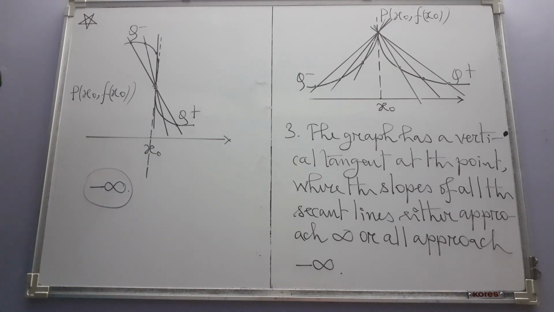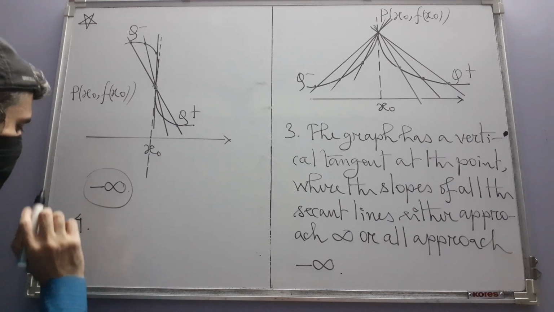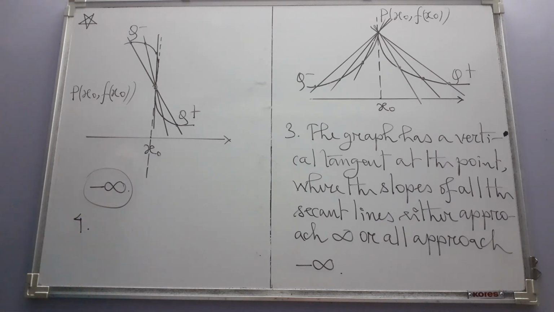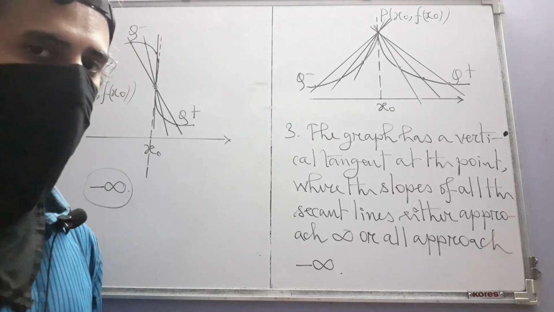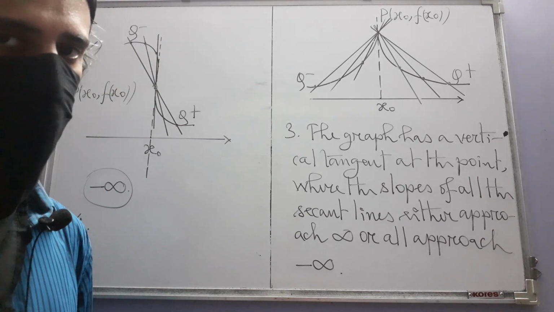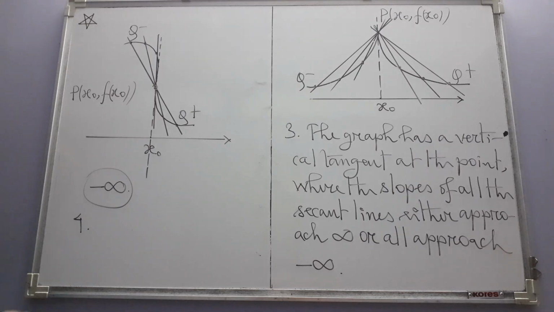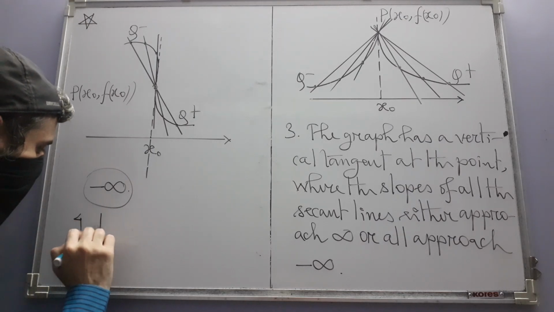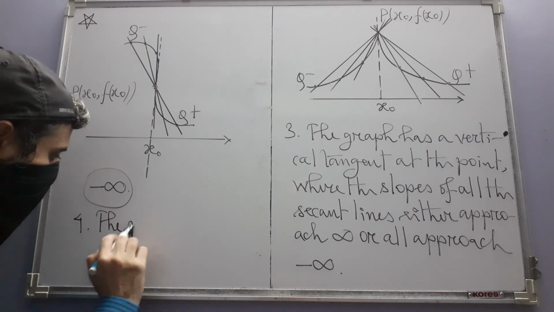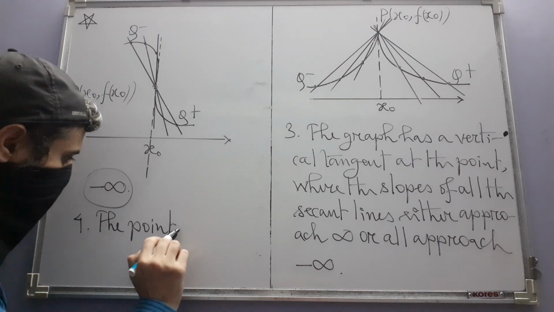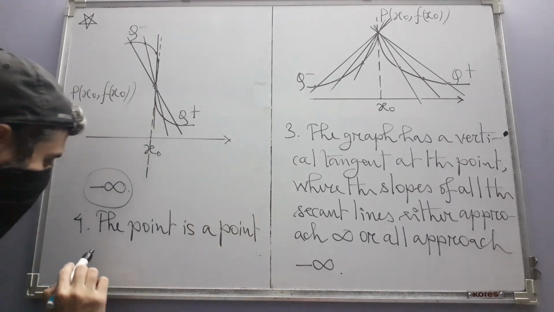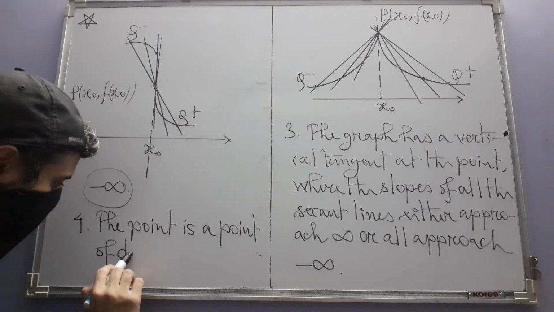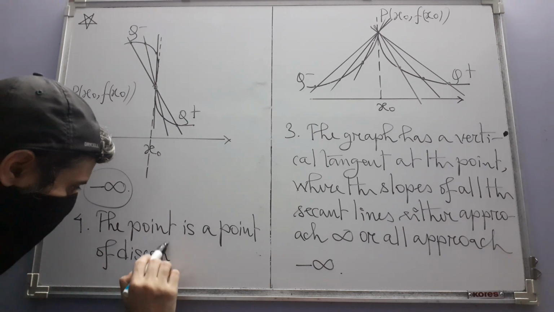And besides all these cases, there is another situation in which a function may fail to be differentiable at a point: if the function is not continuous at that point, that is, the point is a point of discontinuity.